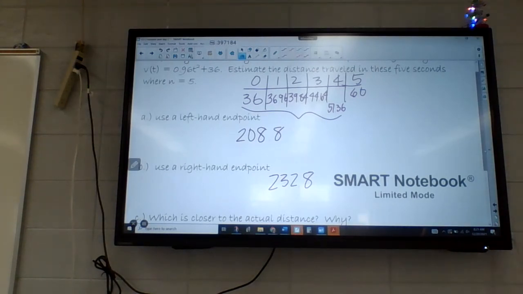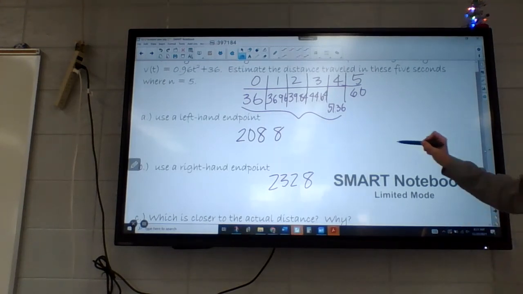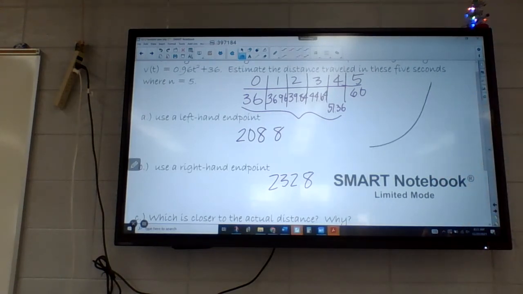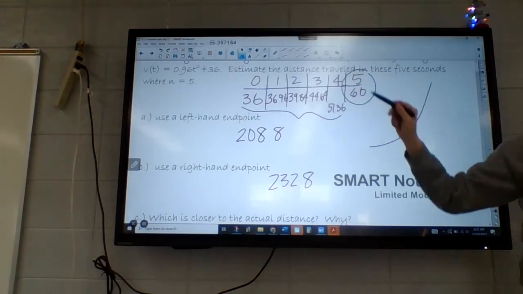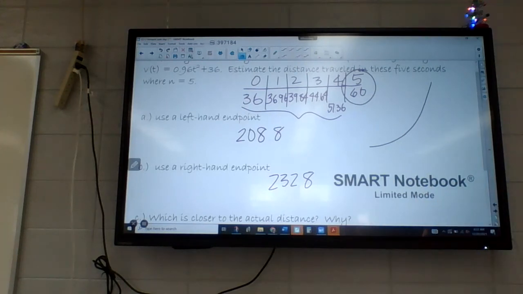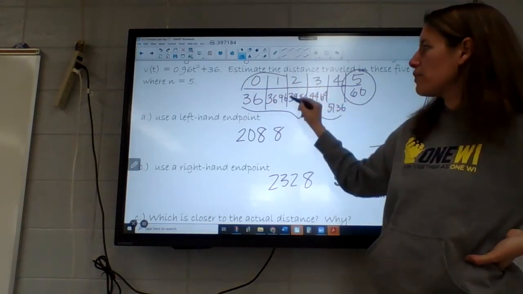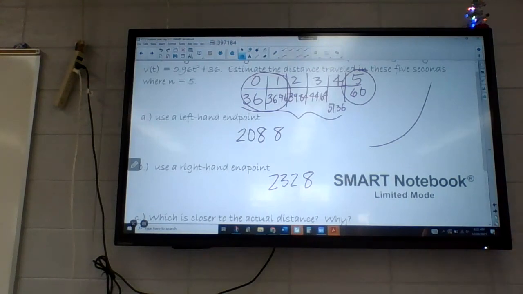So if we go to draw this, this is the shape of this graph. It's going up, getting faster and faster, and then all of a sudden it gets really, really fast. If we use a left-hand endpoint, we leave out this last really speedy part, whereas here these are so close together we're going to have a bigger gap.